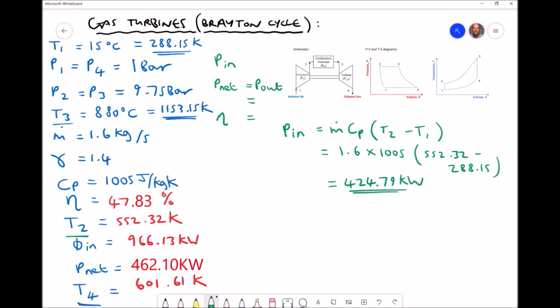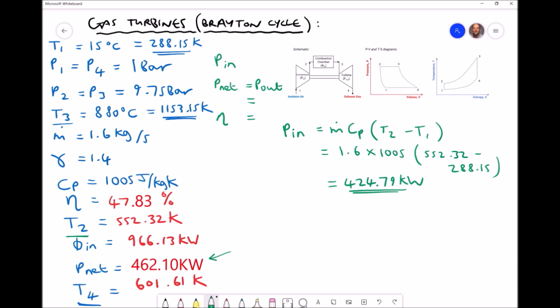So in the previous example, we were providing 424.8 kilowatts of energy to our compressor, and that was being drawn directly from our turbine. So we calculated our net power, 462.10 kilowatts, but 424.79 kilowatts was being lost because it was being used to power our compressor.